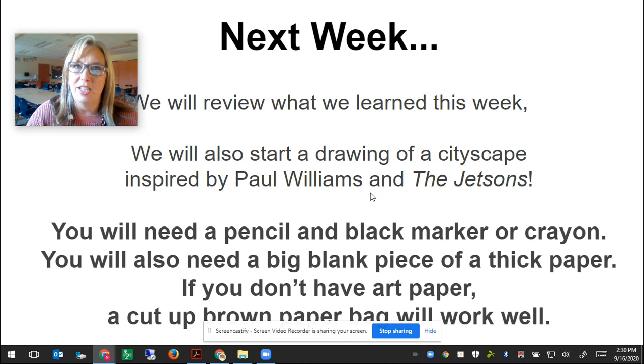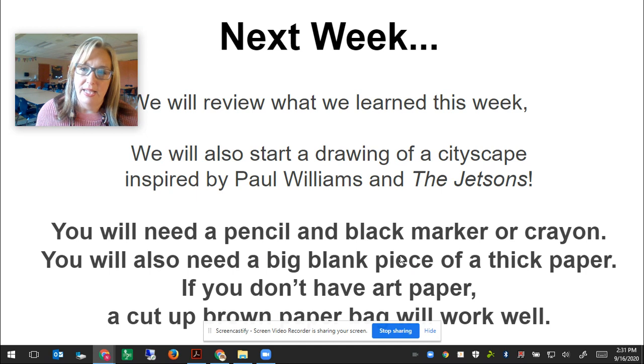And the reason why we're bringing the Jetsons in is Paul Williams' architecture really reminds me of this modern, space-aged, in-the-future cartoon called the Jetsons. And we're going to be drawing a cityscape inspired by Paul Williams and the Jetsons. We're going to start that next week.